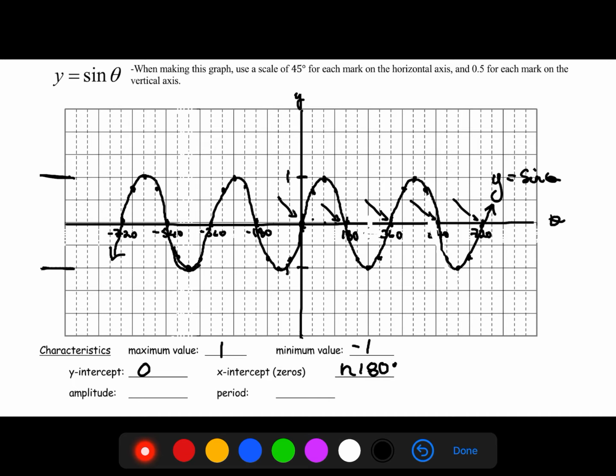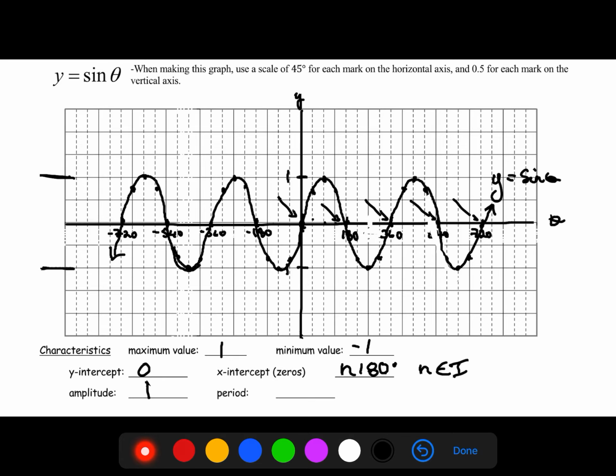And n is going to be an integer. Okay, so we're not talking about 0.5, we're not talking about 0.7, we're talking about 0, 1, 2, 3, etc. So 0 times 180 is 0, 1 times 180 is 180, 2 times 180 is 360, 3 times 180 is 540, etc. It's crossing every 180 degrees.